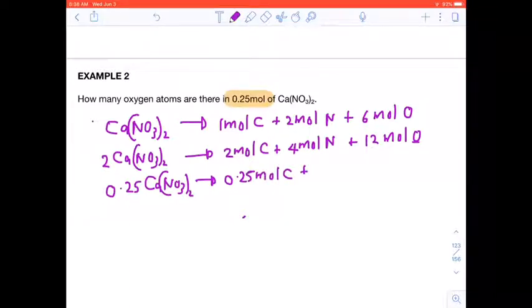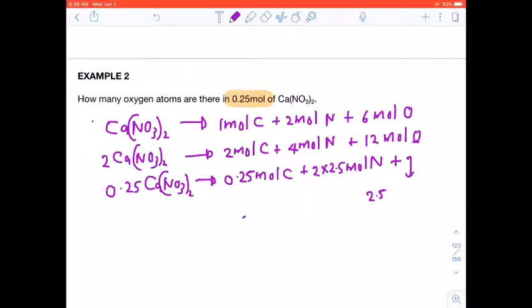It would give me 2 times 0.25 moles of nitrogen, plus it would give me, I'll just do it here.